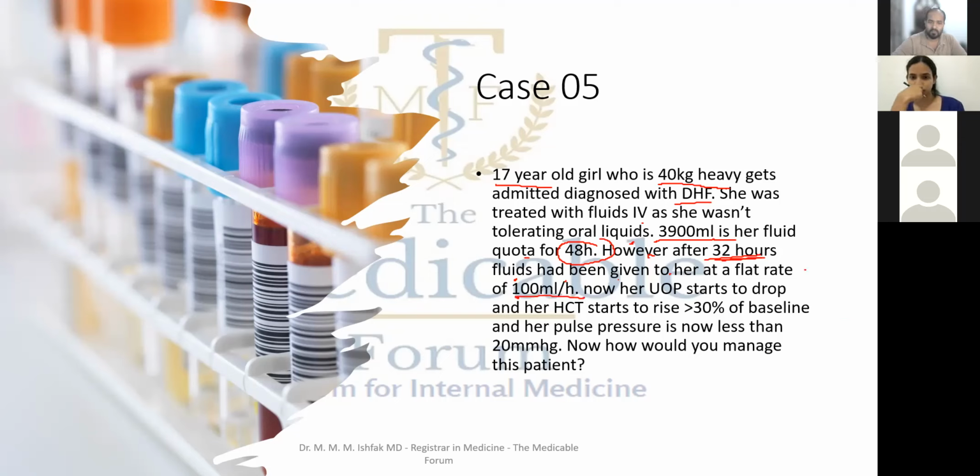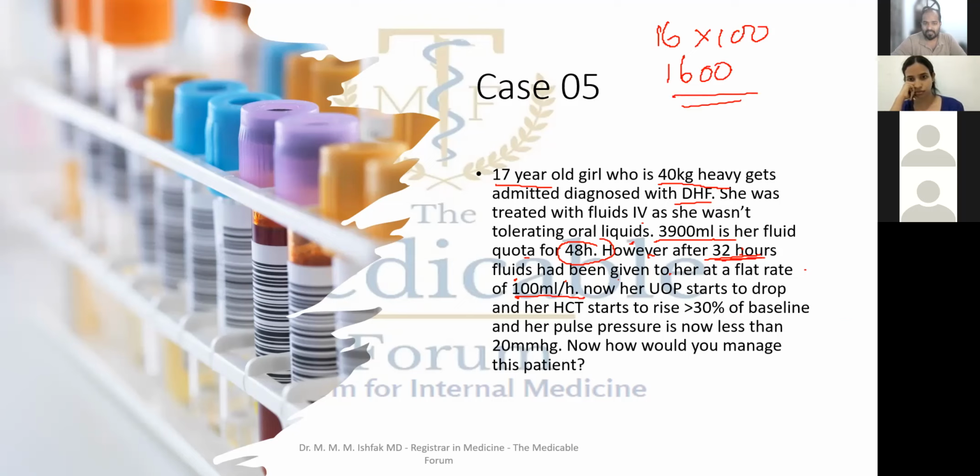Right. So, 32 to 48 is how many hours? 32 to 42 is 10. 42 to 48 is 6. So, 16 hours at a rate of 100 ml per hour. So it is 1600. So until 48 hours, 1600 ml was given from the 32nd hour.